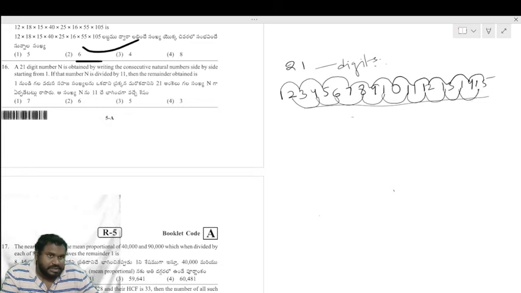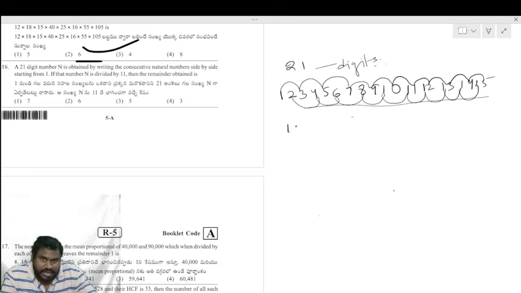Then it should become a multiple of 11, or else it should become 0. If that condition is satisfied, then the whole number will be divisible by 11. Otherwise, it won't be divisible by 11. So that we need to verify.